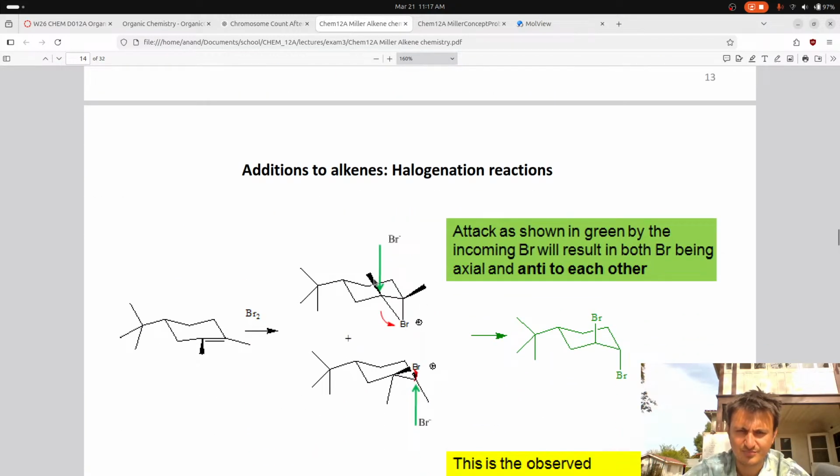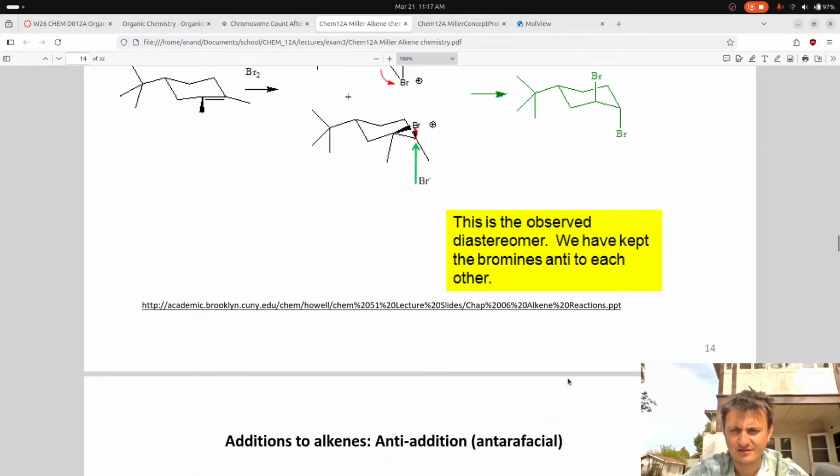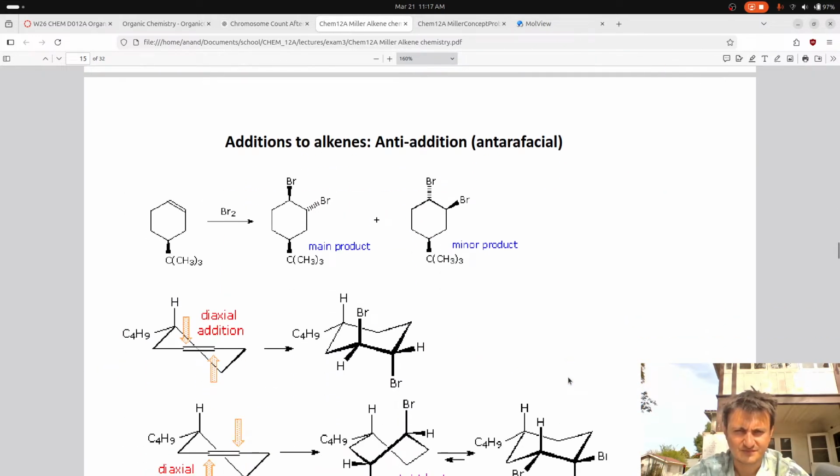So this is up. This is going to go... So this is already, I guess, axially down. Equatorial up. This goes axially down. Br becomes equatorially up, or axially up. So we get the anti. All right, sounds good.